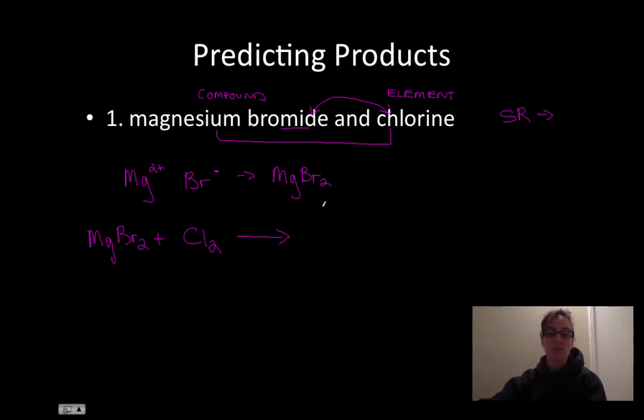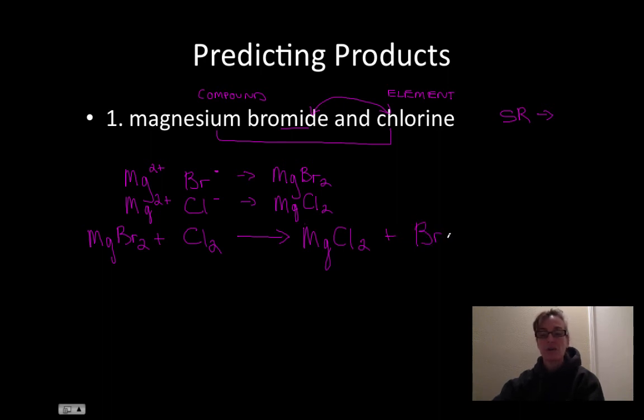So my new compound will be made out of magnesium and chloride ions. And so the formula for that will be magnesium chloride. So I'm going to form magnesium chloride. And my new element now will be bromine. Bromine is the Br in Brinclhof, so I need to do a subscript of 2.